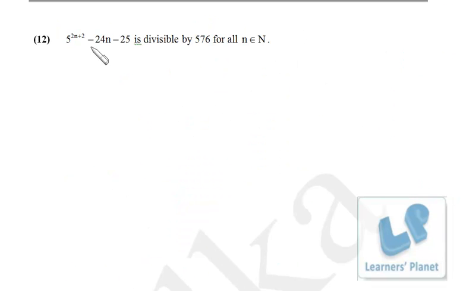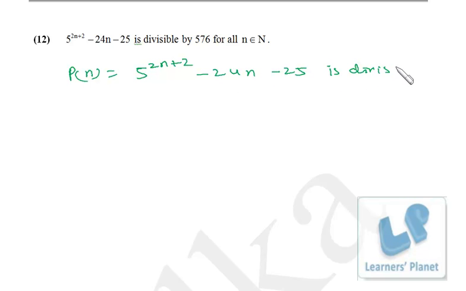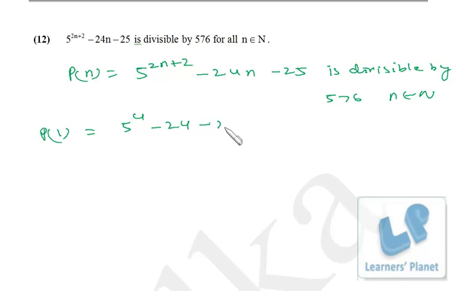Now see this problem. 5 raised to 2n plus 2 minus 24n minus 25 is divisible by 576 for all n belongs to N, right? So P(n) is 5 raised to 2n plus 2 minus 24n minus 25 is divisible by 576 for all n belongs to N. So first step, P(1): instead of n if I put 1, it will be 5 raised to 4 minus 24 minus 25.